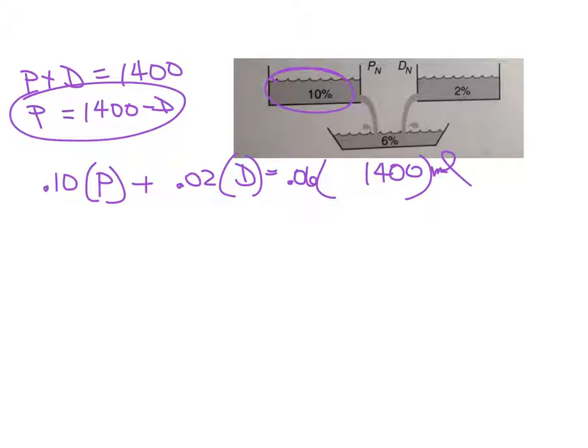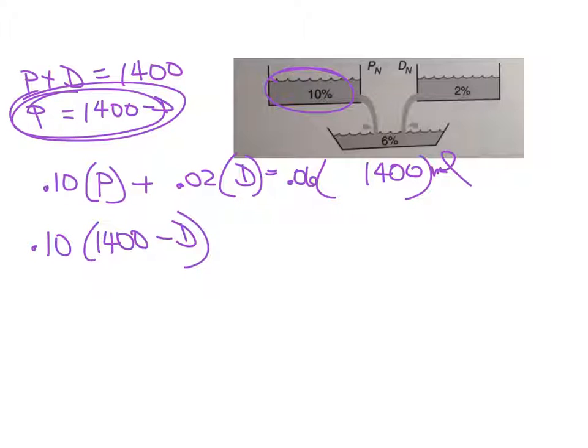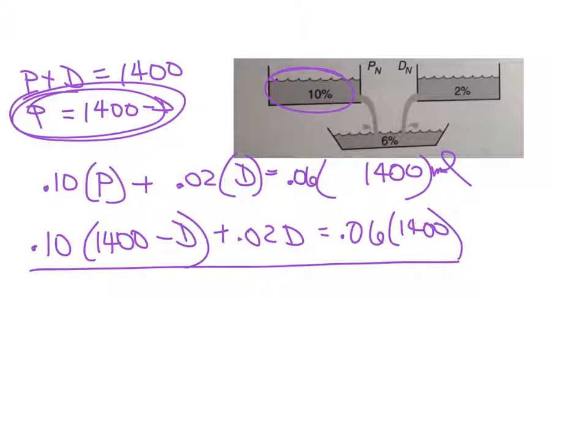So instead of a P here, we're going to use 1,400 minus D from right there. That's going to be 0.02 D equals 0.06 times 1,400.